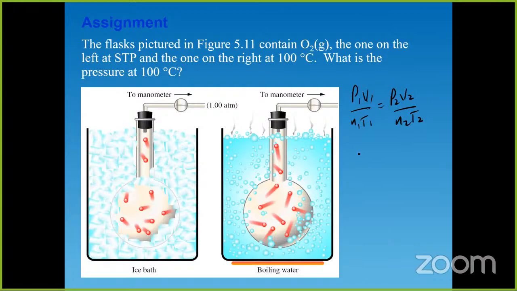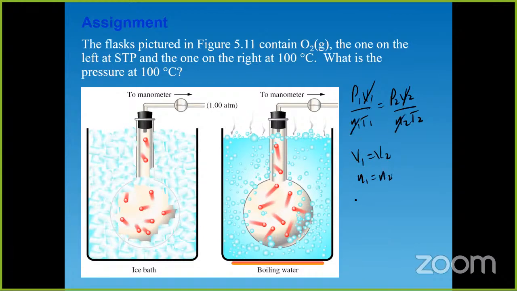Why? For one, it's the same flask at the start as we have at the end here, right? So therefore, we know that V1 will be equal to V2. It's the same flask. So therefore, these two will cancel out. What else? The number of moles are also going to remain the same because we're assuming that no gas is escaping. So N1 and N2 will cancel out.